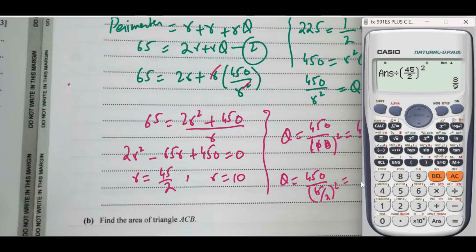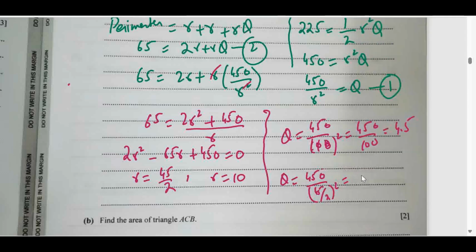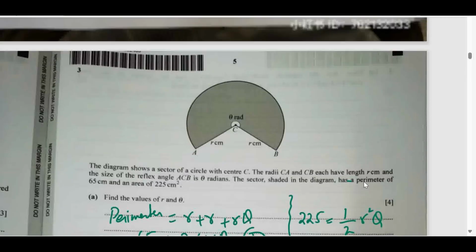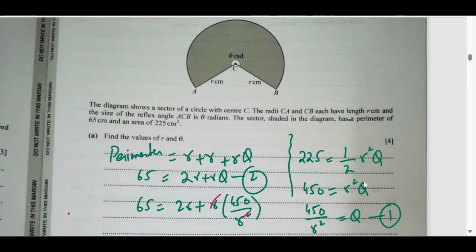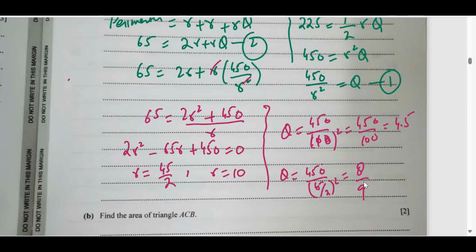So it's 8 by 9. So we will consider 8 by 9. So we can see that theta cannot be 8 by 9 or less than 2 degrees. So that is why the first answer will be the correct one.